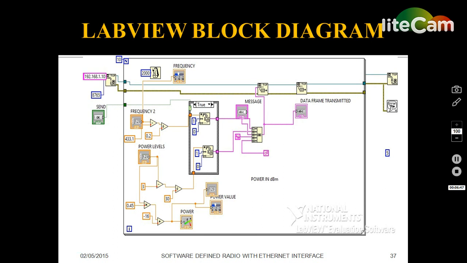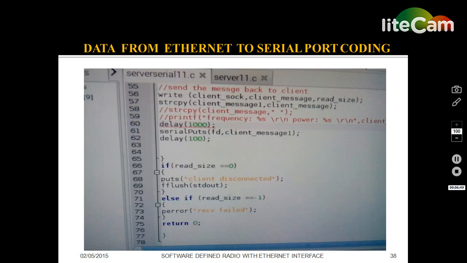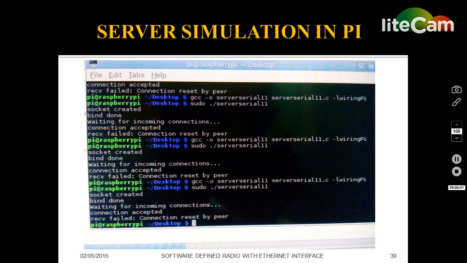Next is the LabVIEW block diagram. Then the data from Ethernet to serial port coding done in the Raspberry Pi is shown here. And then the server simulation in Pi. Here we can see the GCC compiler used to compile the coding, and after the execution using sudo ./server_serial 11, we can see the comments like socket created.